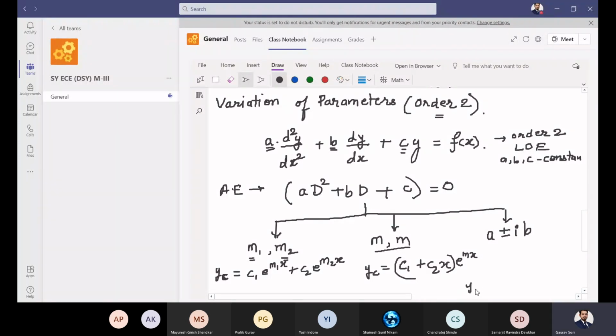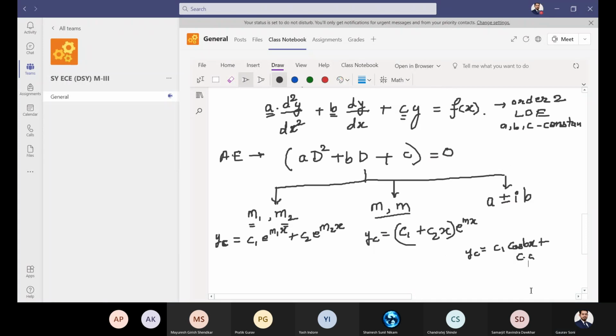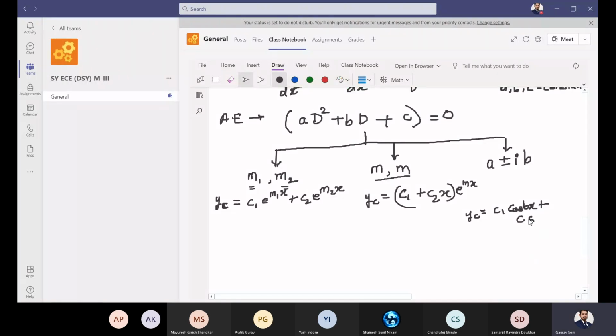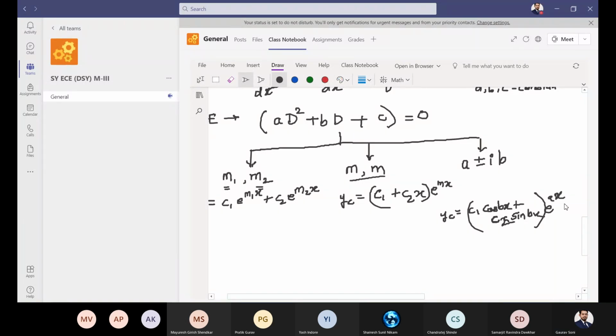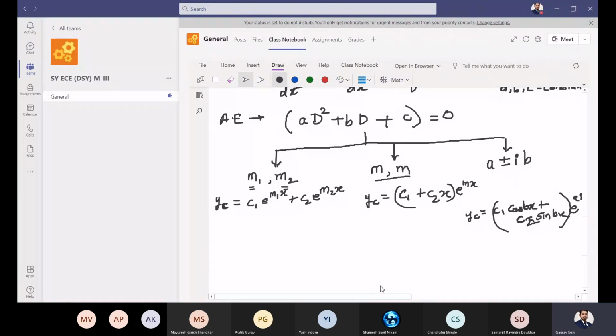Third one, Yc will be equal to C1 cos bx plus C2 sin bx, all multiplied by e to the power ax. This type of solution you will get in all the three cases.